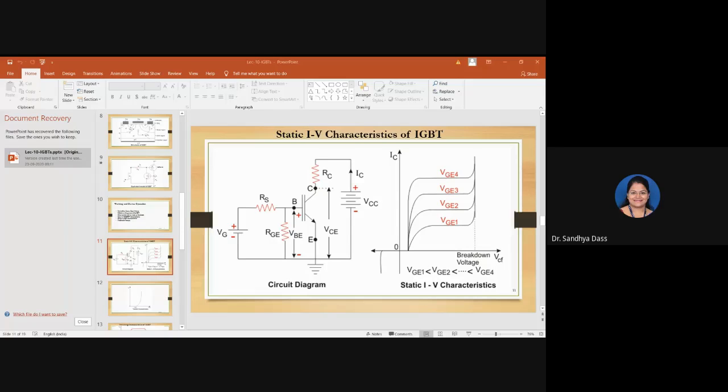If you recall the BJT output characteristics, what is the parameter that you keep constant, and what are the parameters on the X and Y axes? What do you plot for output characteristics?